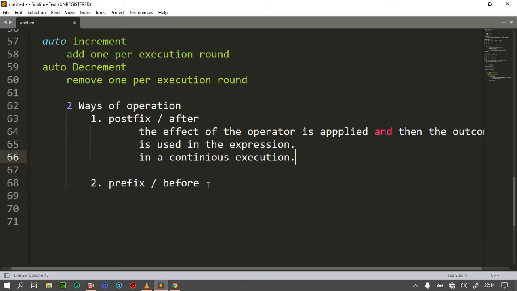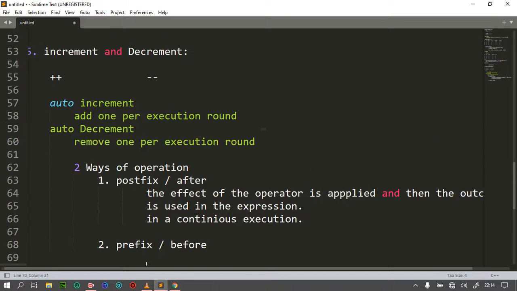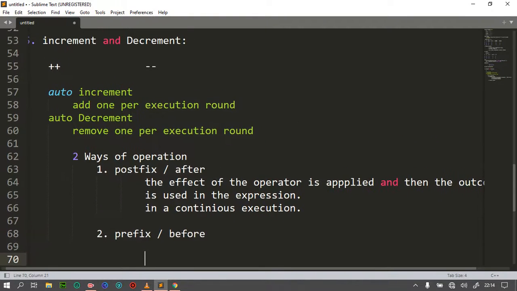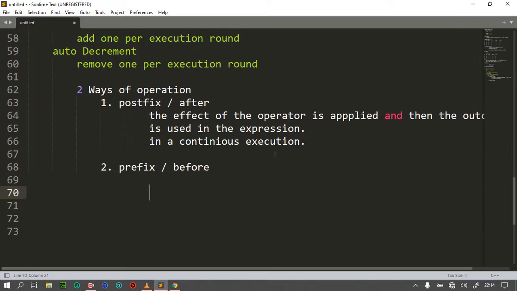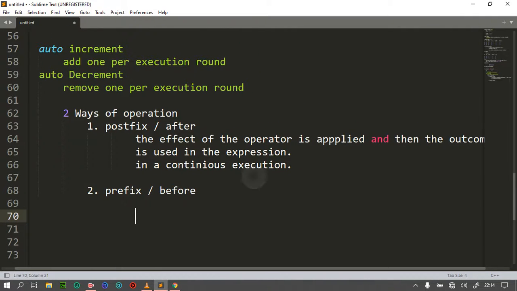Then prefix, we said in a layman it means before. Members, I don't know if it is really clear. I know these operators, more so if you're just starting programming, really make life hard.